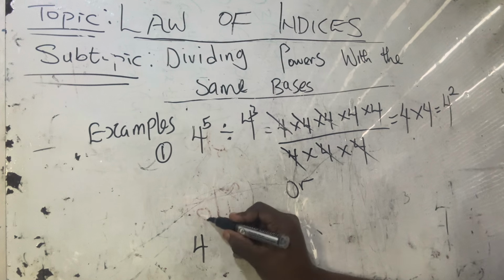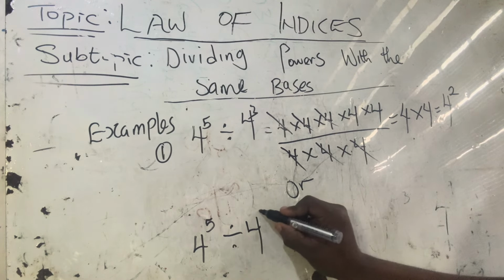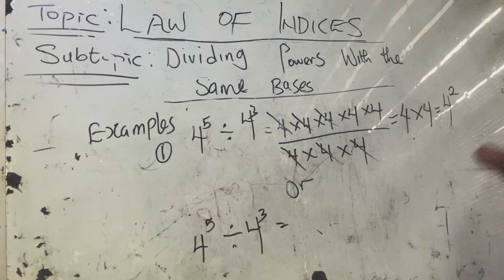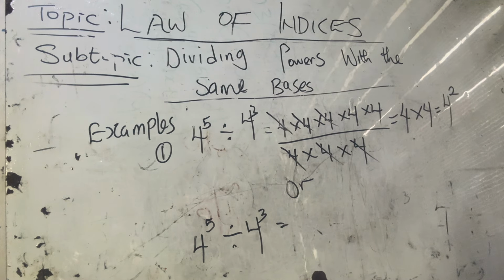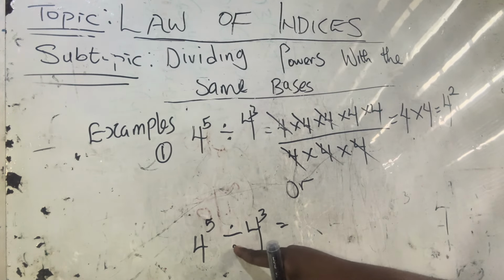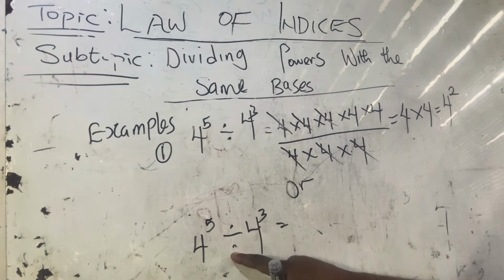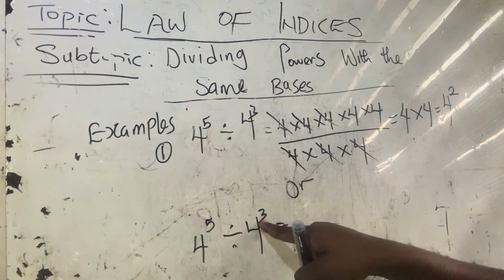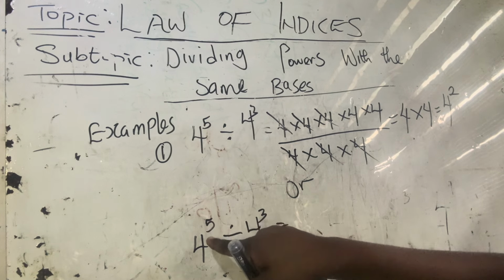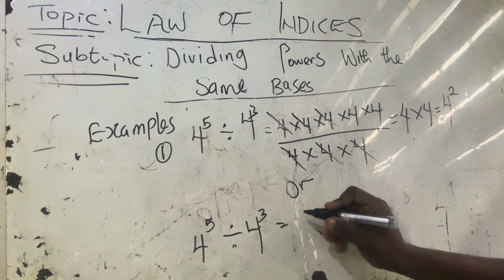Now, 4 raised to power 5 divided by 4 raised to power 3 equals to. Now, under law of indices, note, division means subtraction. It means we are going to be subtracting the powers, by writing out the base, which is 4.